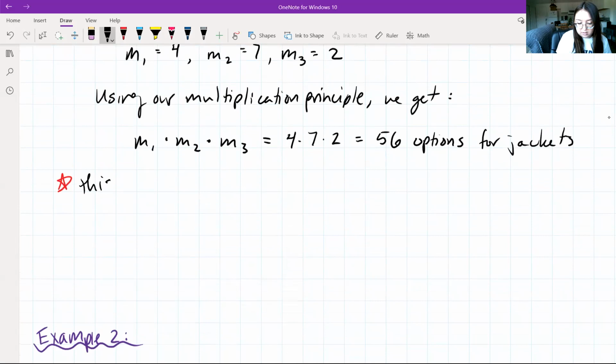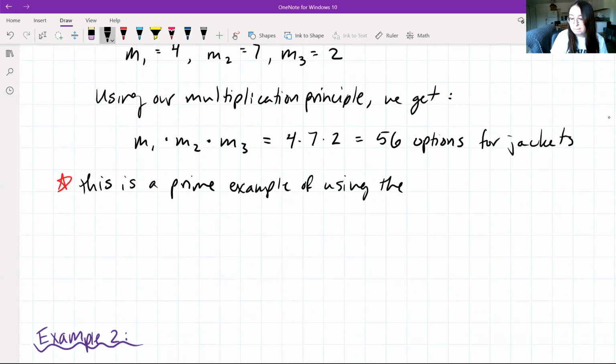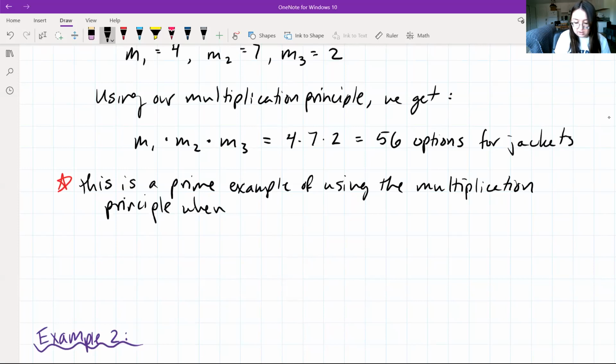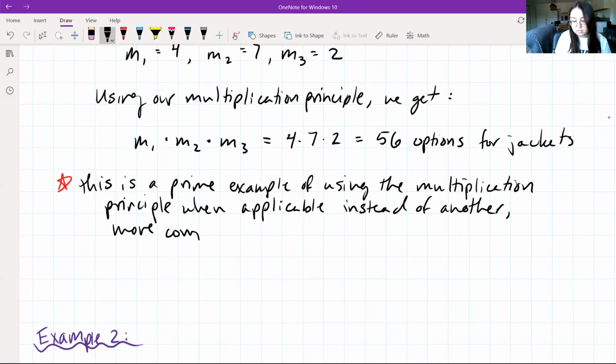We see that this is a prime example of using the multiplication principle when applicable instead of another, more complicated formula.